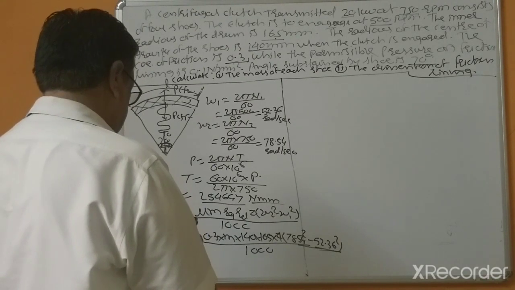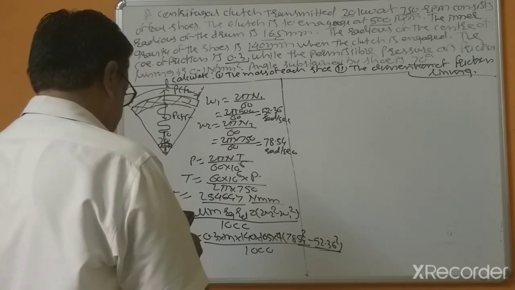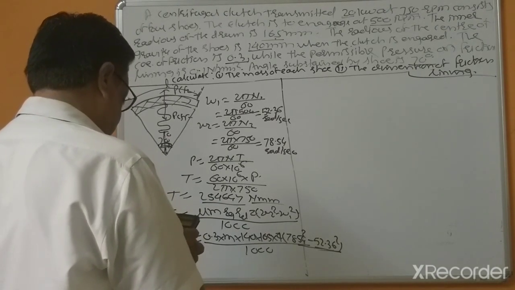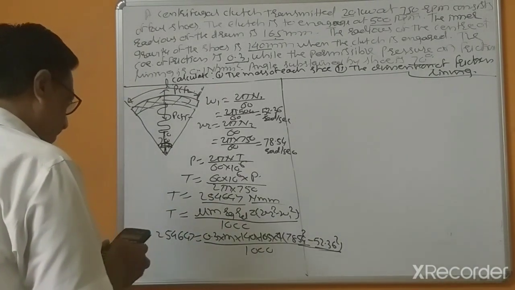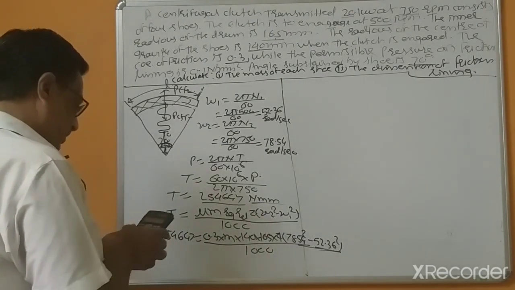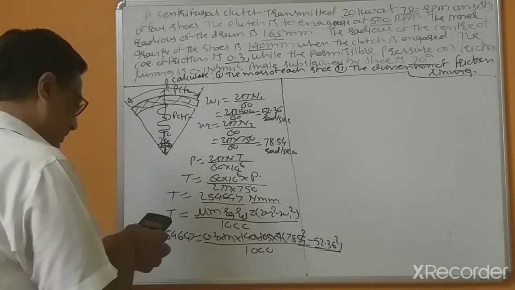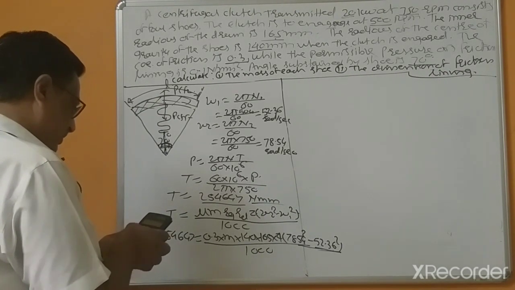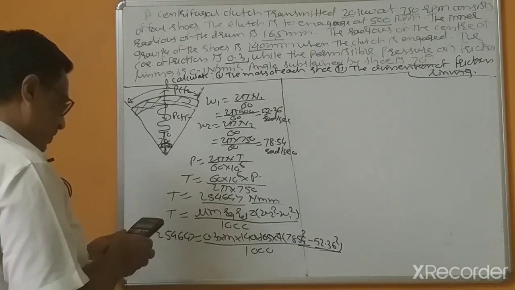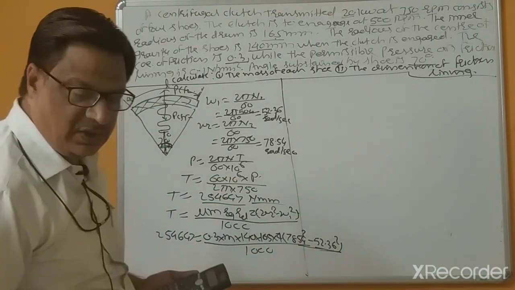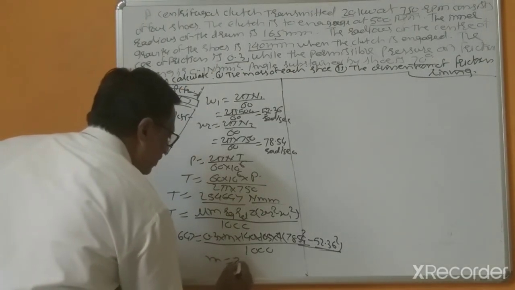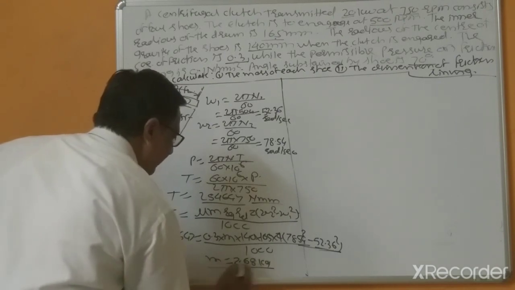Multiplied by 1000 and divided by 0.3, 140, 165 and 4, divided by the bracket 78.54 square minus 52.36 square, so m equals 2.68 kg.